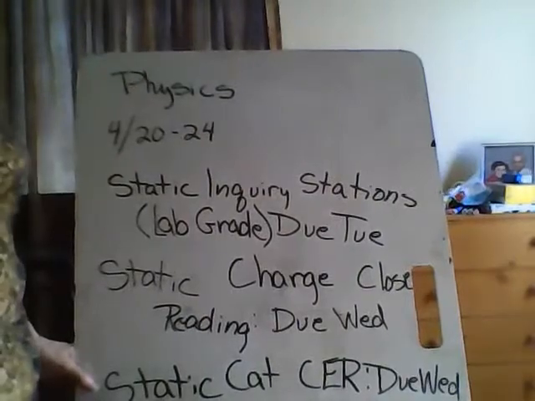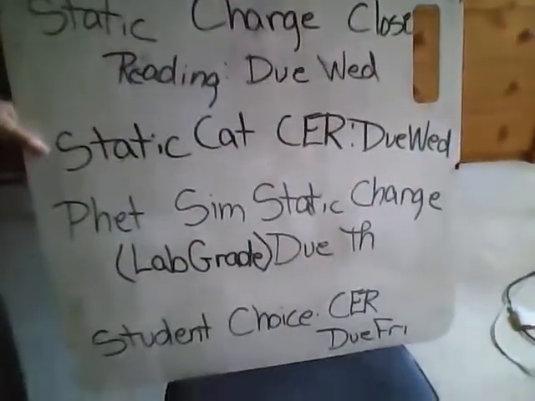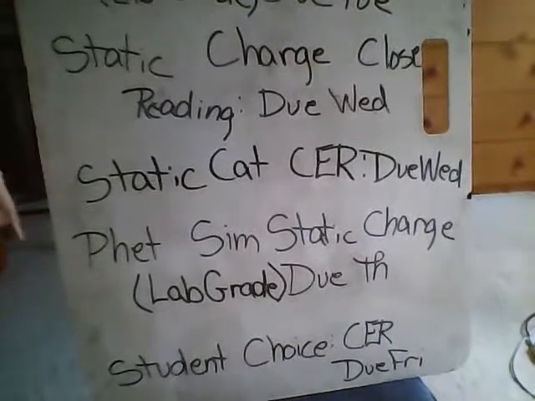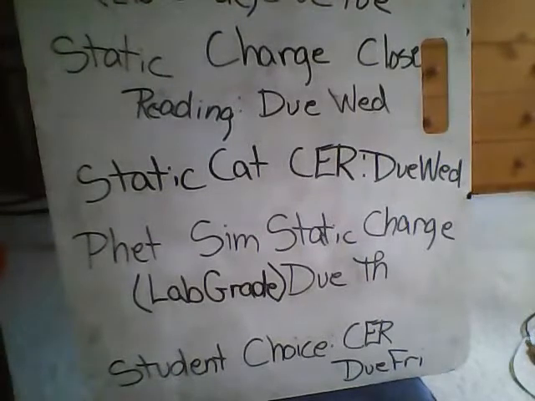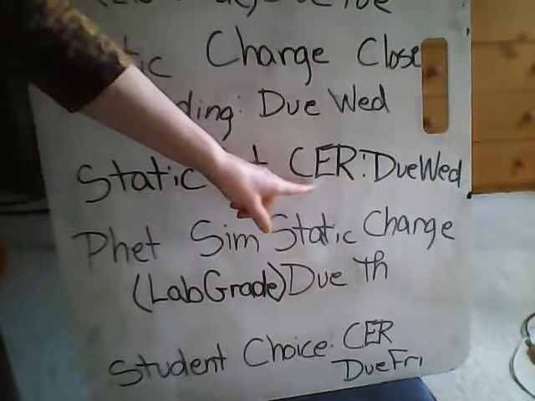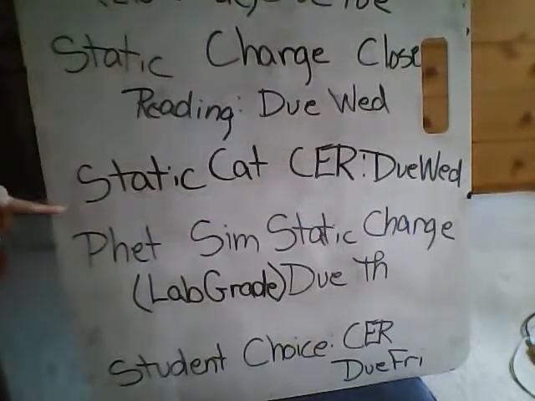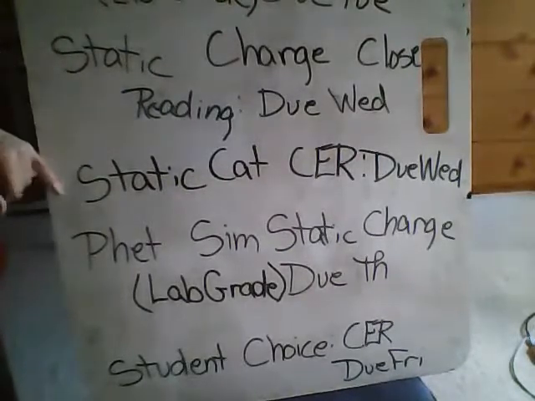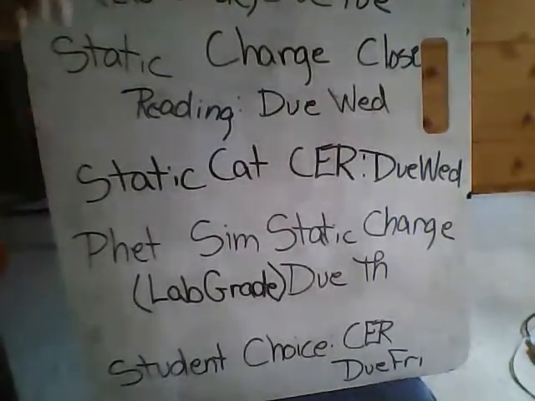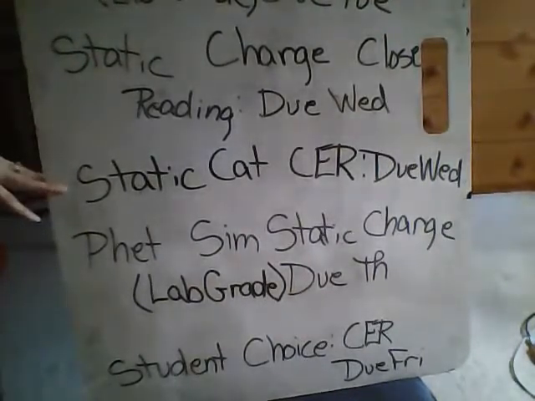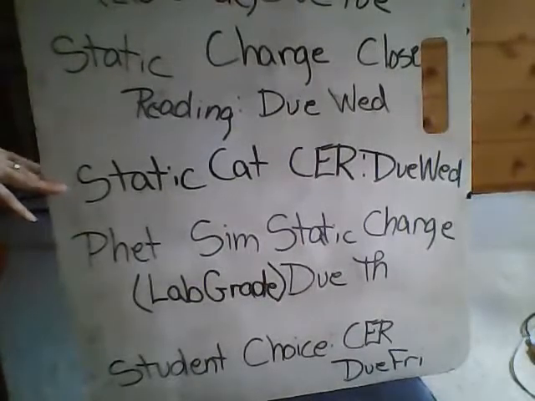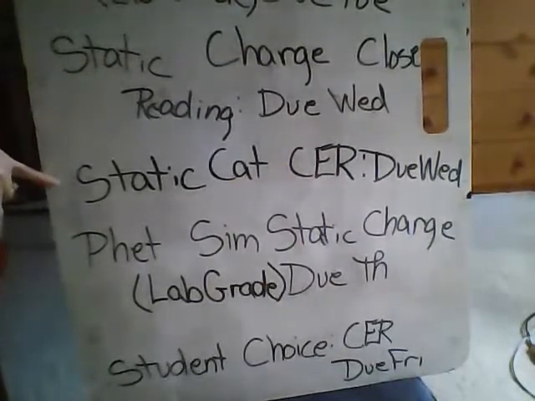Now we'll be back here again on Wednesday, and I will be showing Static Cat, and then you have an assignment to do a CER on this. This should be a quick one because I've given comments that 4 students made about this, and you're supposed to pick which one you like or which multiple ones you think are explaining it best, and explain what parts you like about those and which ones you don't.